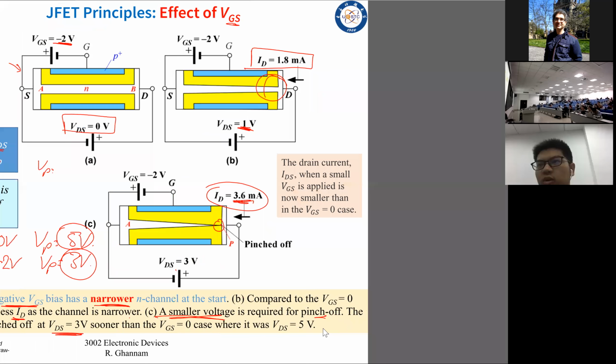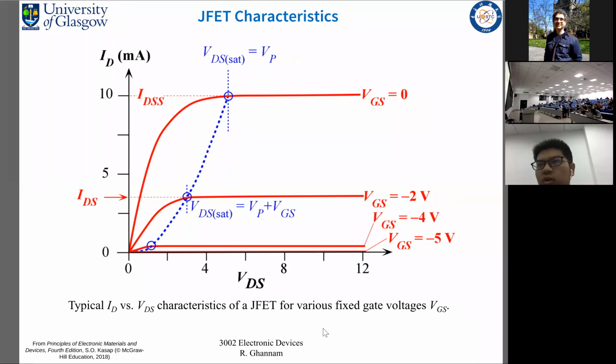So let us plot the IV curve for this JFET for different VGS values. Similar to the BJT, where increasing IB results in an increase in IC, in this case, increasing the magnitude of negative VGS results in a decrease in the drain source current.